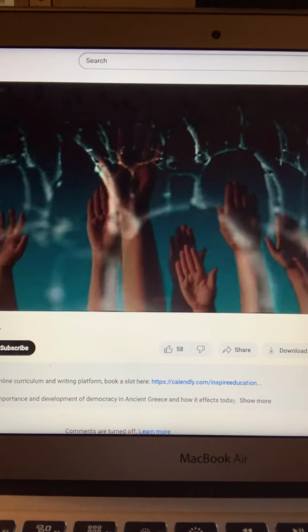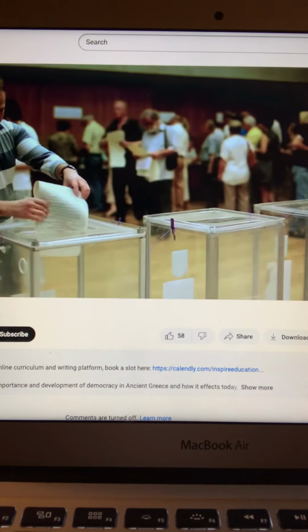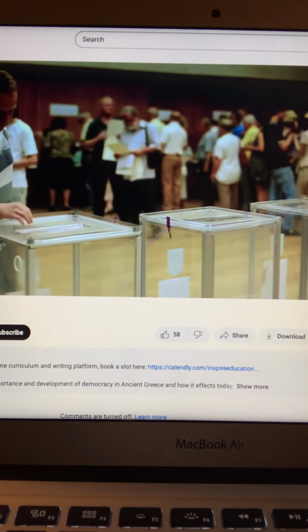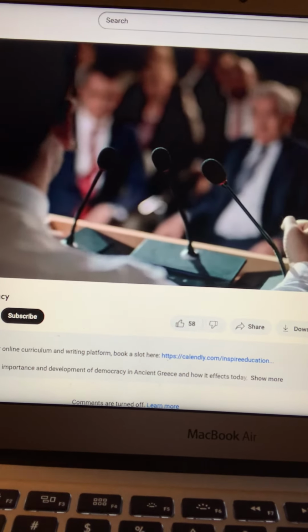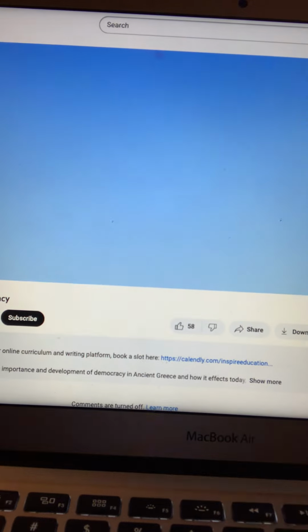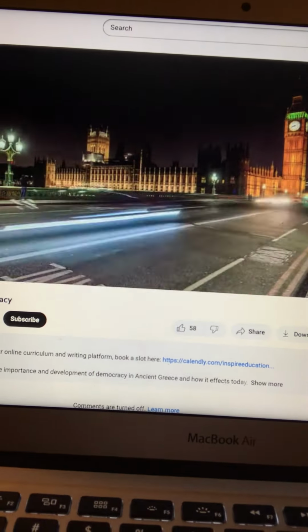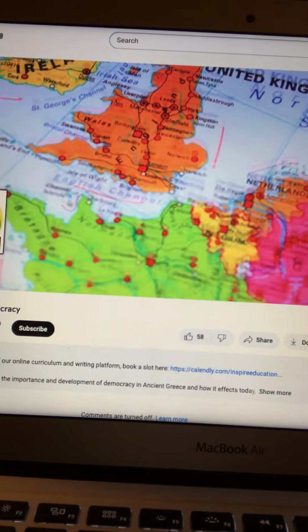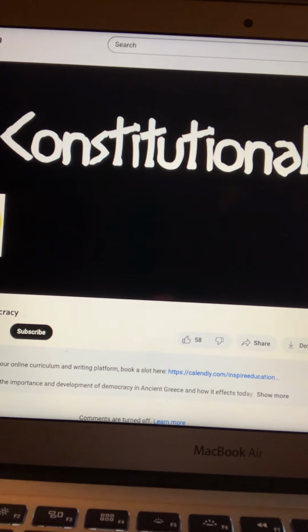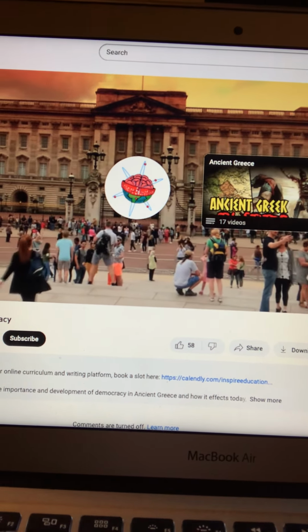Every citizen assembled to pass laws and make decisions. Today, it is more practical for a country or state to have a representative democracy, where representatives are elected to make laws and decisions on behalf of the people. Though this sounds a lot like the way the British government works, the United Kingdom is actually a constitutional monarchy because our head of state is the king or queen.